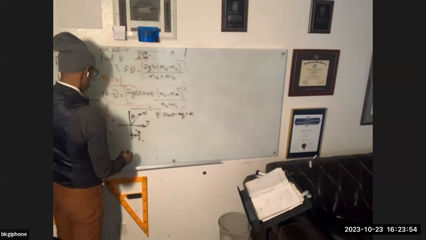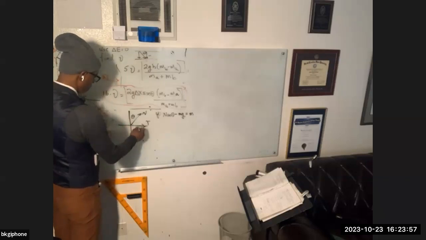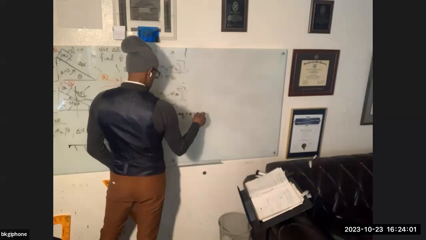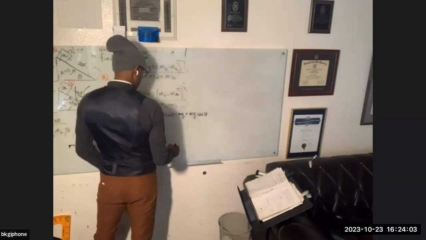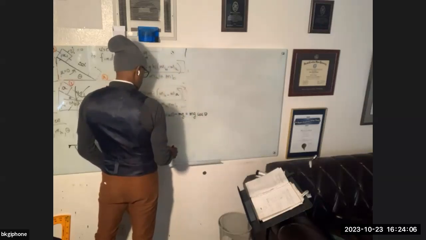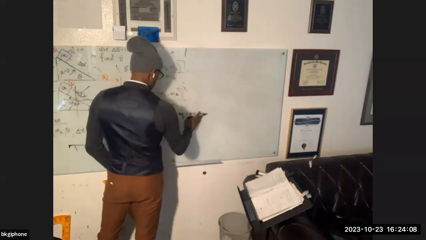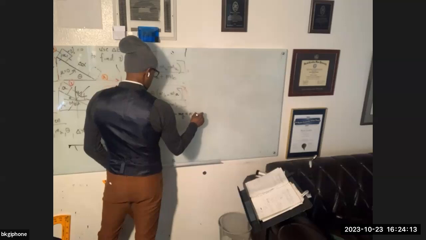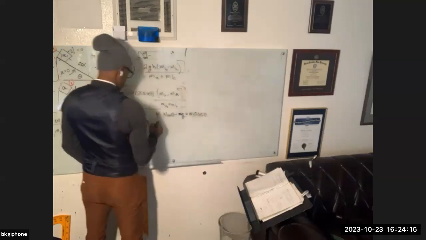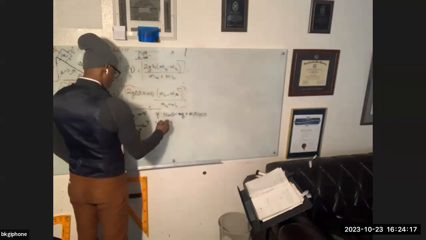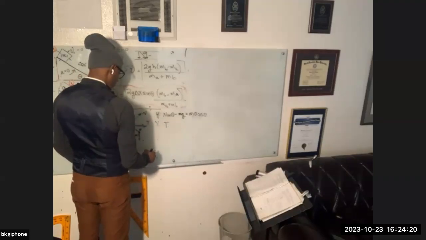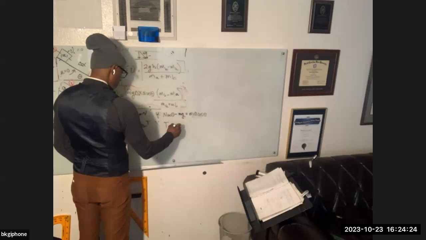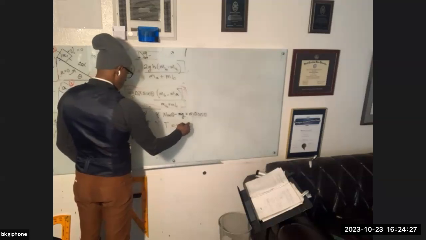So that would be m a cosine of theta. And for the x direction, it's just going to be T equals m a sine of theta.